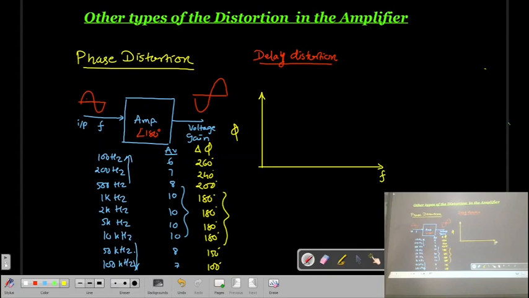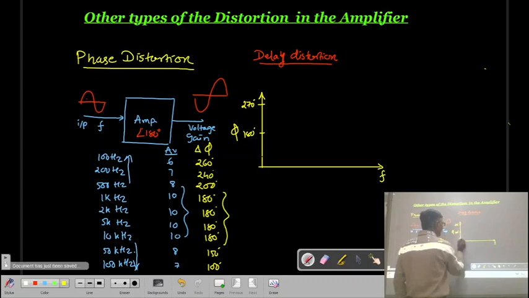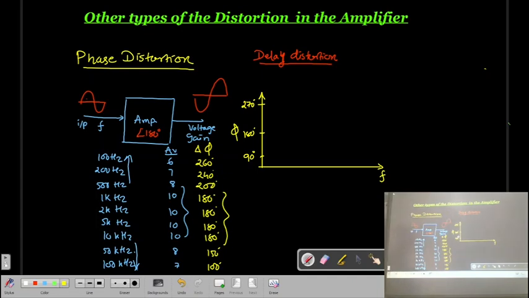Then on the curve, the maximum phase will be 270 degree, in the middle it is 180 degree, and the minimum phase will be 90 degree. Remember, you cannot have a phase difference less than 90 degree, as well as you cannot have a phase difference more than 270 degree, because of the capacitor. And if we plot this curve, then the curve will be like this.